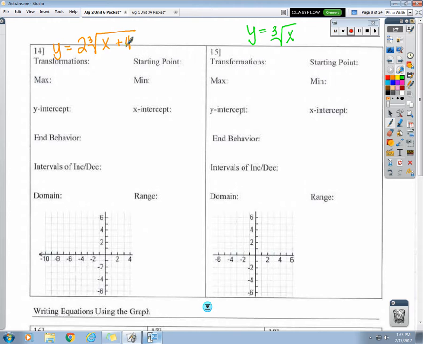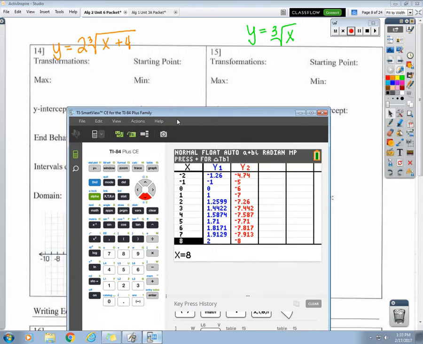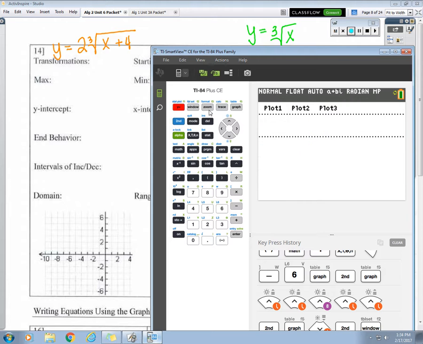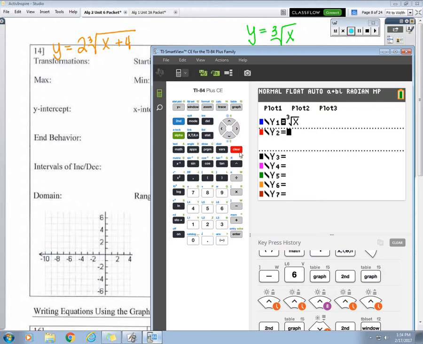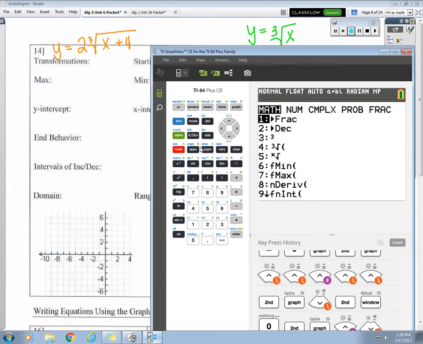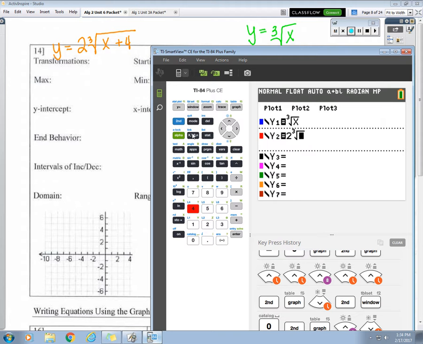And it has a 4 inside, which is a horizontal shift to the left. Okay, so now let's graph it. I'm going to leave the parent function in there so I have it to compare to. And then 2 times the cube root of x plus 4, and then I'm ready to graph.